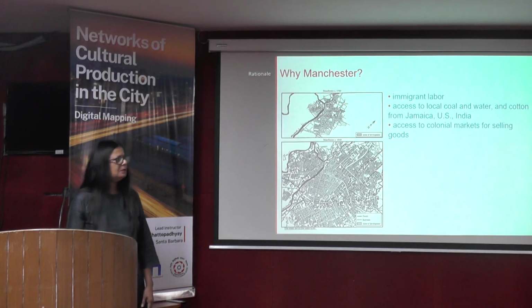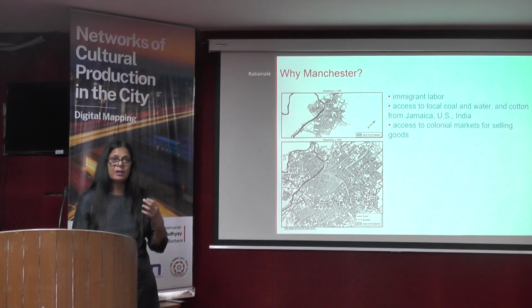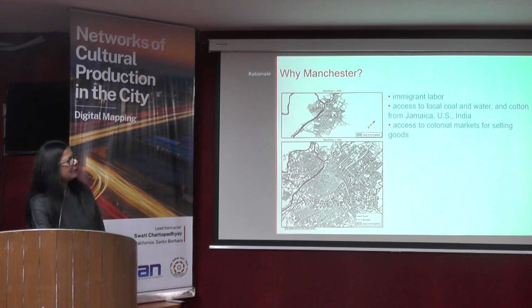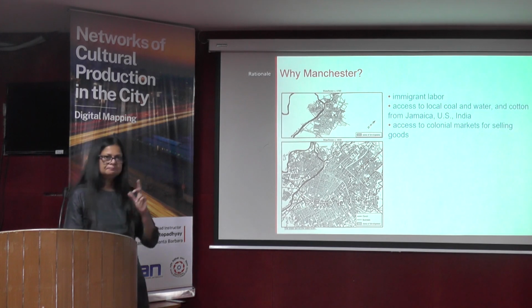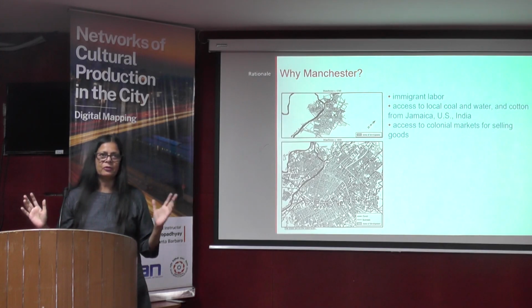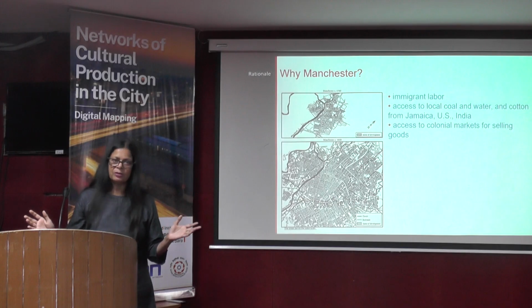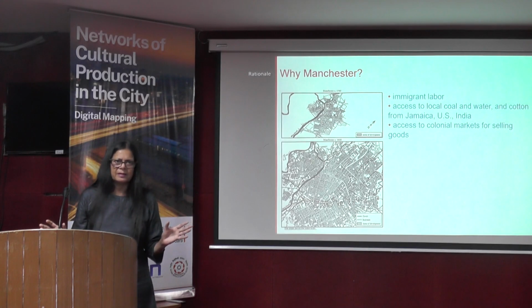What made it possible? Very important is immigrant labor, and this was large, very much from the English countryside and from Ireland. And access to local coal and water, and cotton from Jamaica, the US, India. Importantly, you cannot keep producing unless you have forcibly opened up markets. Nobody wants to buy cheap Manchester goods unless they are controlled markets, basically.